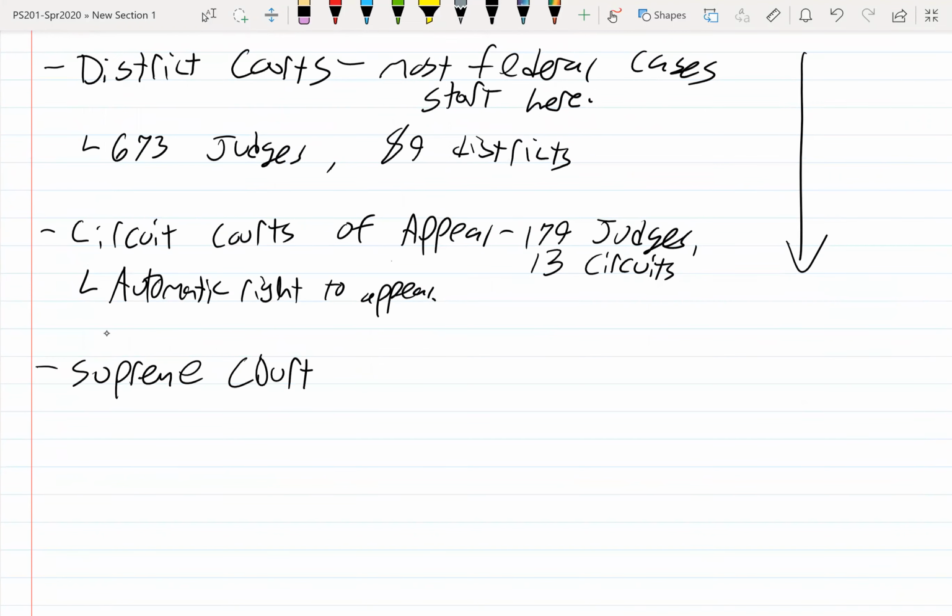However, you do not have an automatic right to appeal in this case. Okay? In fact, the Supreme Court justices themselves get to decide whether or not they want to hear a particular case. So the 9 justices in the Supreme Court get together, and the rule here is that if 4 of them see an appeal and want to hear it, that appeal will be heard at the Supreme Court. If you can't get 4 justices on board, then your appeal is denied and the lower court ruling will stay.